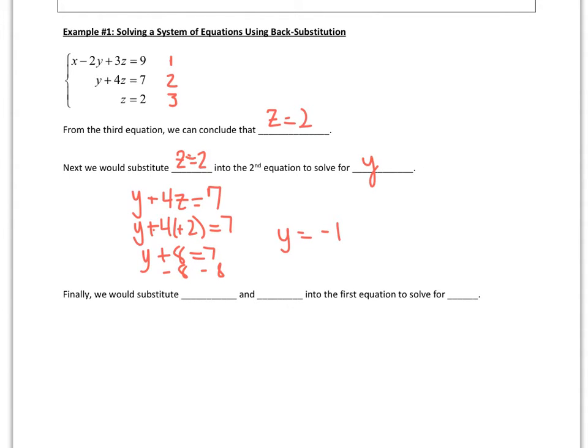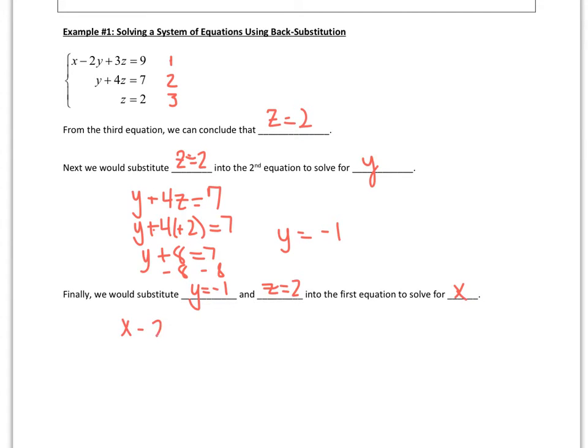Now, finally, our last step, if we wanted to find the x variable, we will plug in the y and the z to find our x. So we're going to substitute the y equals negative 1 and the z equaling 2 to solve for our x value. So go ahead and do that.